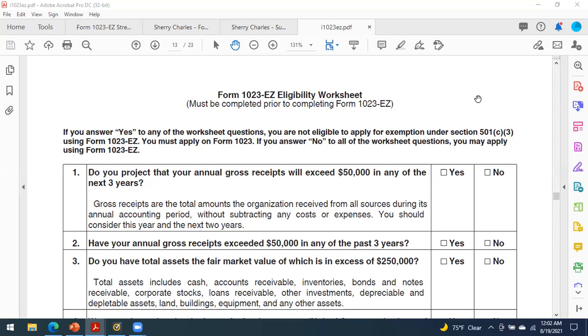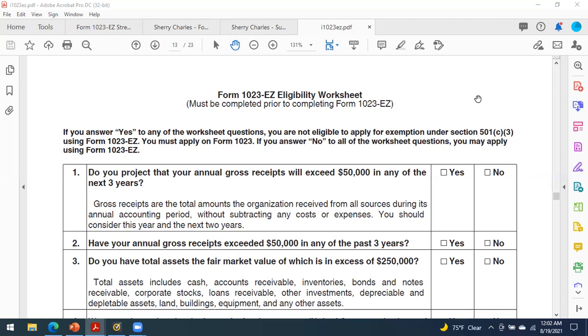You see, you cannot only think about the gross receipts, you must think about the expenses. This question just focuses on receipts, but you have to have expenses to offer a program. So if my expenses exceed $50,000, then my gross receipts or my gross revenues must exceed $50,000 as well.